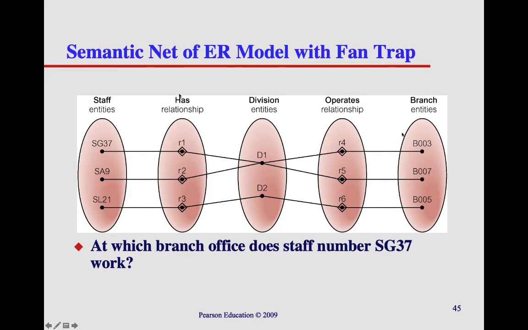But if you draw this, it's called a semantic net of how this relationship might be shown. You might say, okay, division 1 employs SG37 and SA9, and division 2 employs SL21, and D1 has branches B3 and B7, and D2 has branch B5.